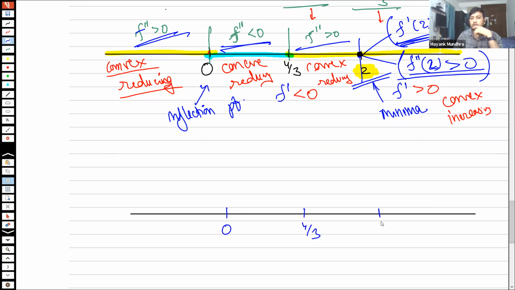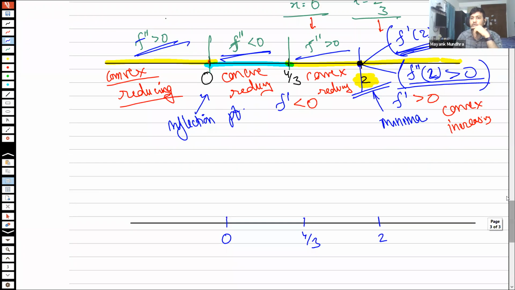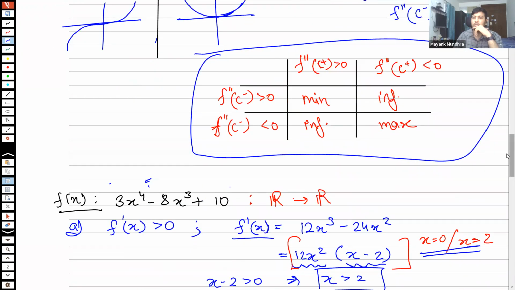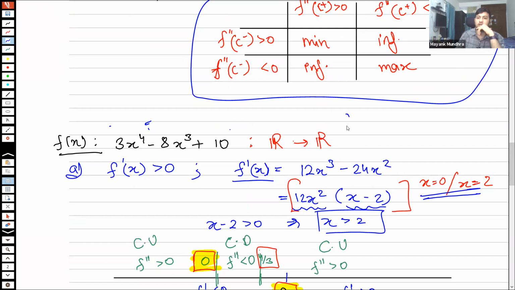Okay. 4/3, 2, and the curve. So it helps to generally find out what is the functional value at 2. So that's your minima, right? So what is going to be the functional value at 2? So f at 2 is 3 into 2 to power 4 minus 8 into 2 cube plus 10.